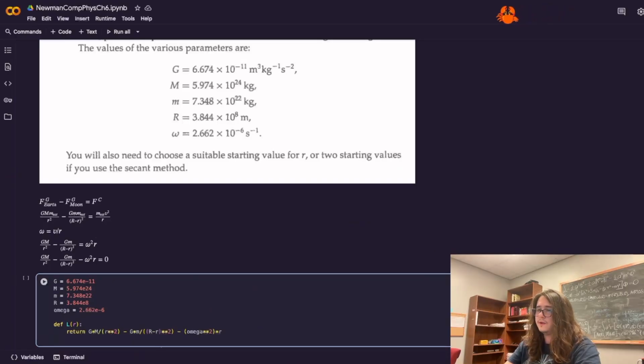For Newton's method, you also happen to need the derivative of the function you're trying to solve. So that is still easy to do. We can just get an analytic derivative for that.